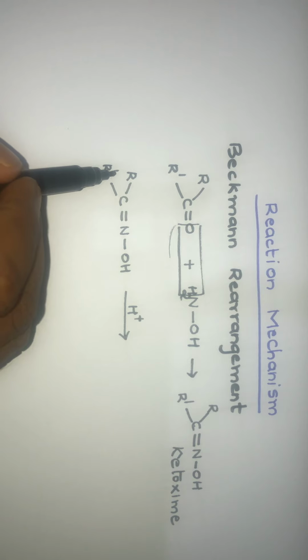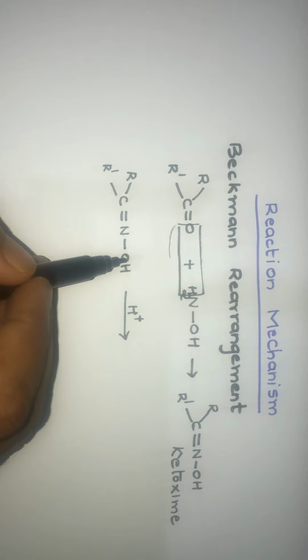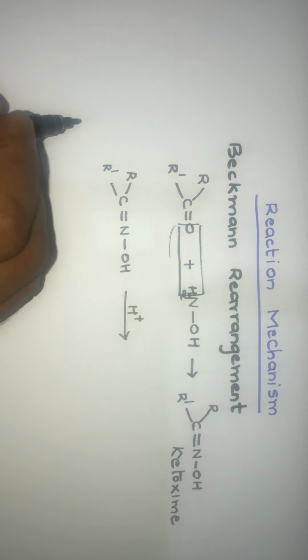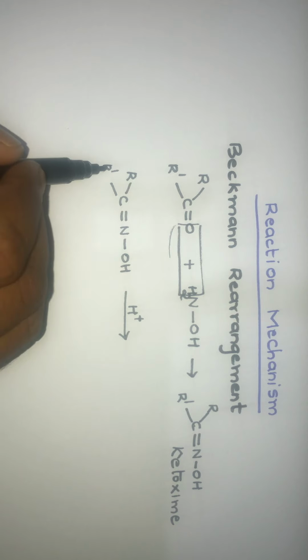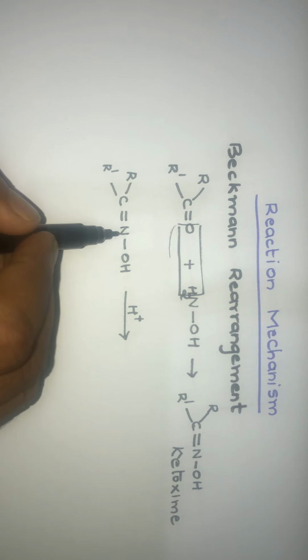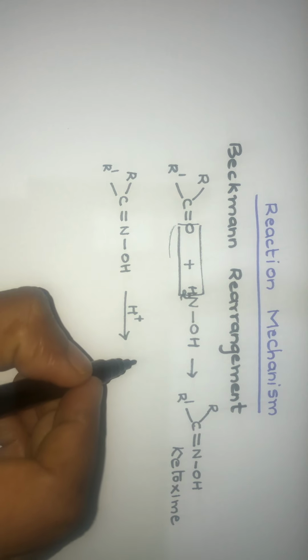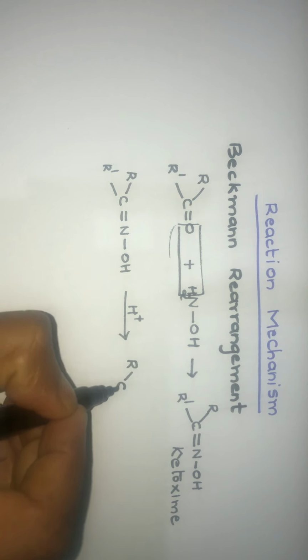The group that migrates is found to be the group that is usually trans to this hydroxyl group. Okay, that generally migrates from carbon to nitrogen, resulting in the formation of this, RCOH.